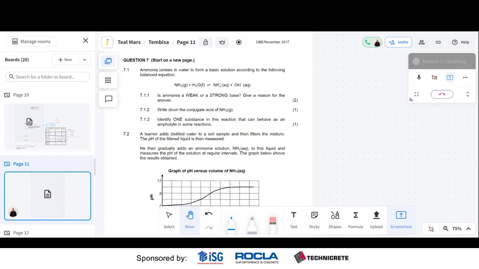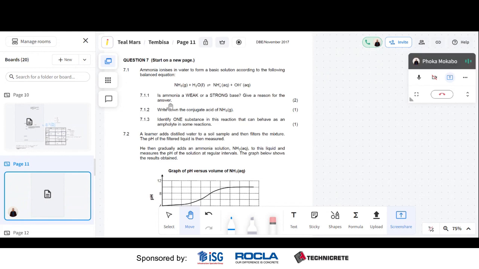Acids and bases will always start with some theory, followed by some type of a calculation question. And in this case, they say that ammonia ionizes in water to form a basic solution according to this balanced equation. And once again, they've kept through with the trend of balancing the equation for you. But had they not, you would have had to balance this yourself.